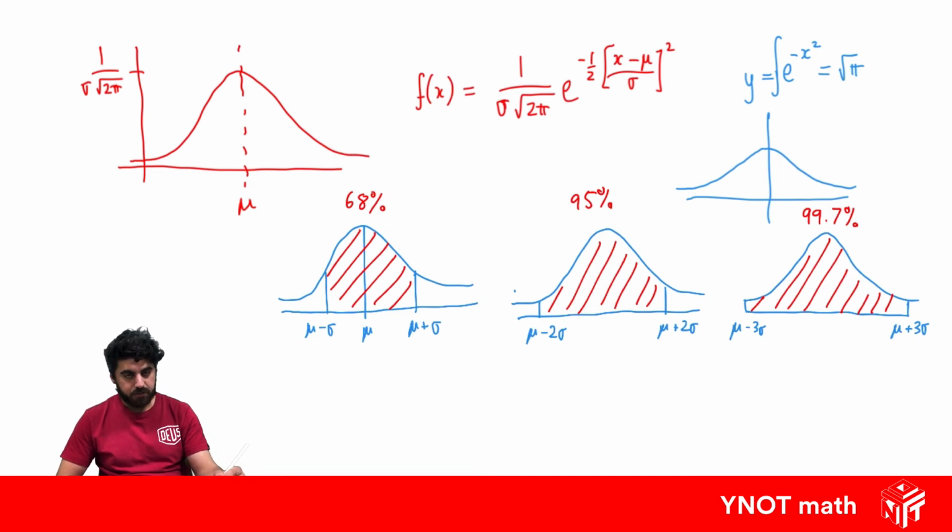So for a continuous random variable x, we can define it as the normal distribution of the mean and the variance. And we'll have a look at more of this in an example.